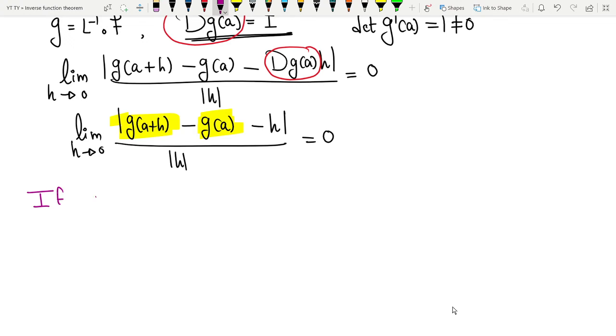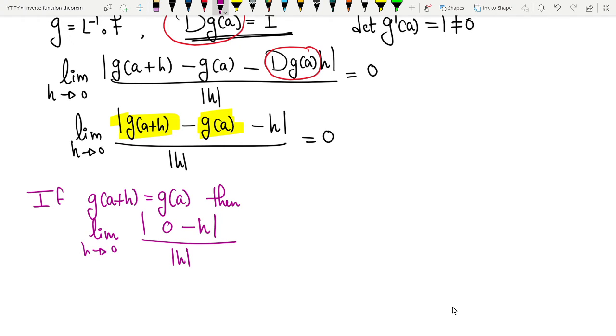Let us just see what the case is. If g(a+h) is equal to g(a) for some h, then what will happen? If it happens, then I consider the limit as h tends to 0. The part I have highlighted becomes 0 minus h upon the norm of h, and that becomes equal to 0.